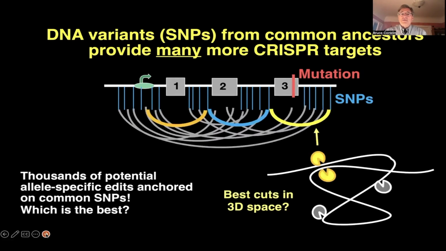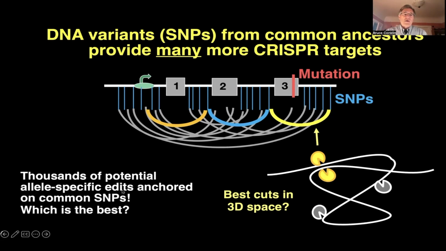And now the problem is not that we have too few to target, but actually so many different possibilities. And so we've created a pipeline to identify the types of mutations residing on these common SNPs that would have the most specific, least off target, and so on.